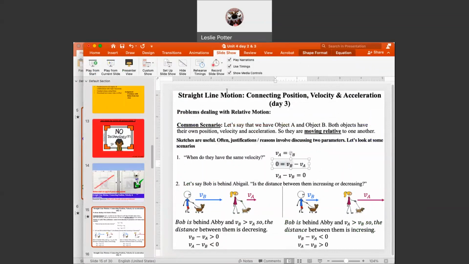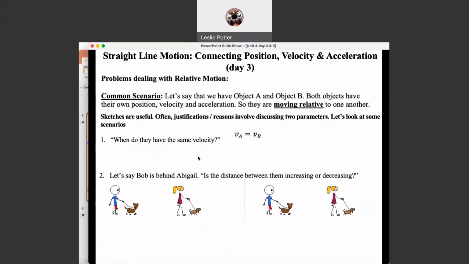So I can subtract VB from both sides, and if I do that, then I get VA minus VB, and over here I get 0. That's this one, VA minus VB equals 0. Or I could subtract VA from the left side and put it on the right, so I get VB minus VA equals 0. So those are the three ways that we can say they have the same velocity.